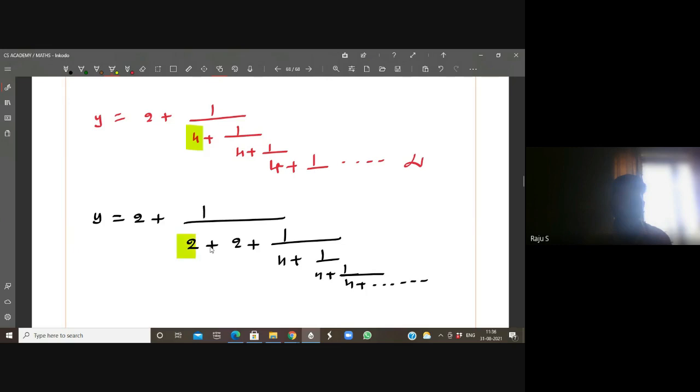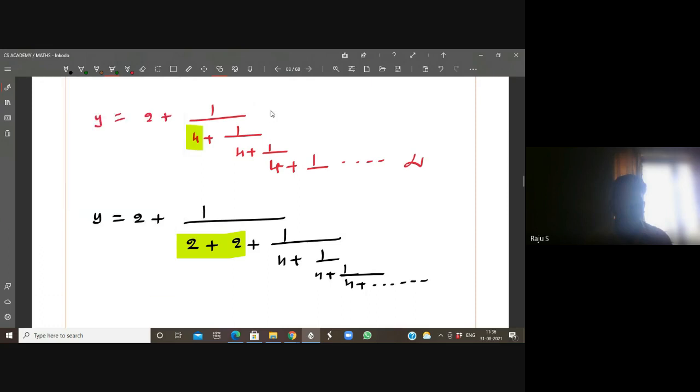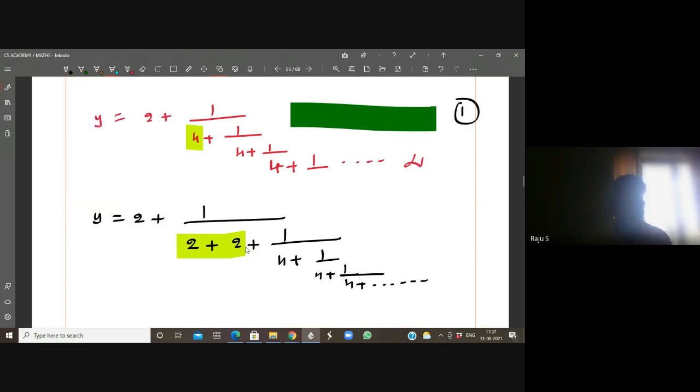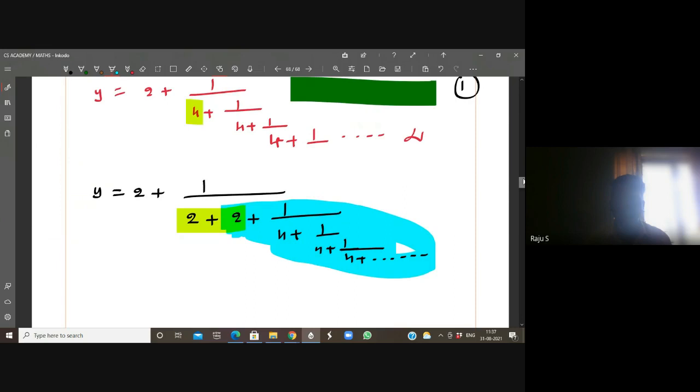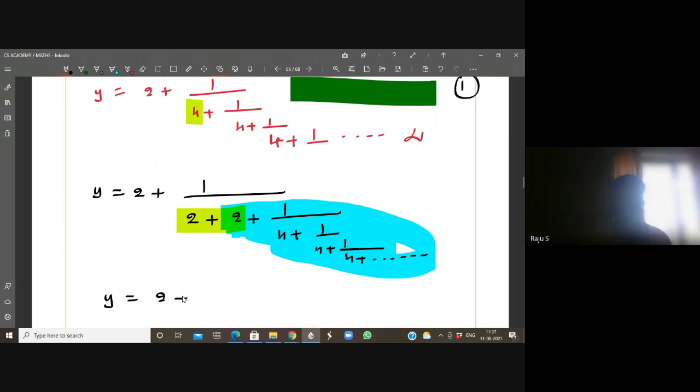Got it? This is equation 1. From equation 1, what about this value, 2 plus this? It is nothing but y. Shall I write it as 2 plus y?